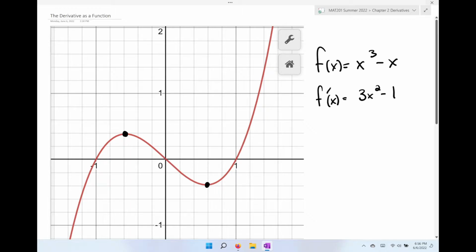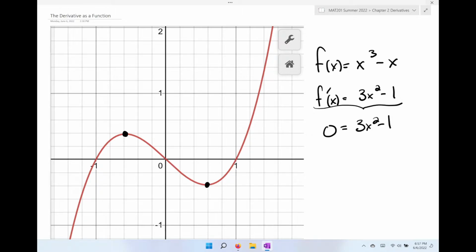Now, here's what I know about this. If I were to take this derivative and set it equal to 0, and this is a little bit beyond what we're doing right now, we will be doing this in a little bit, but not right now.